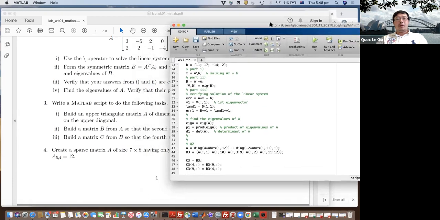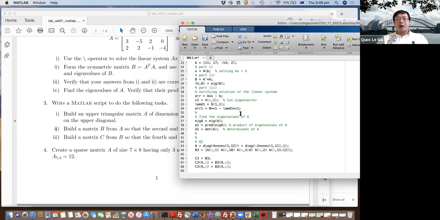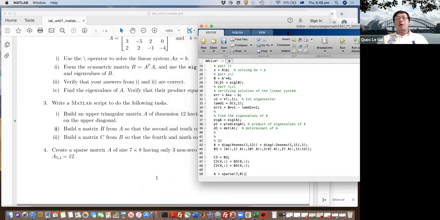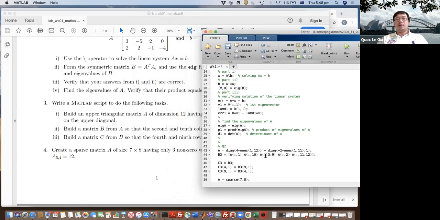In MATLAB there's a command called sparse, and you define sparse with 7 rows and 8 columns like this. The sparse matrix stores only the non-zero entries and their indexes.